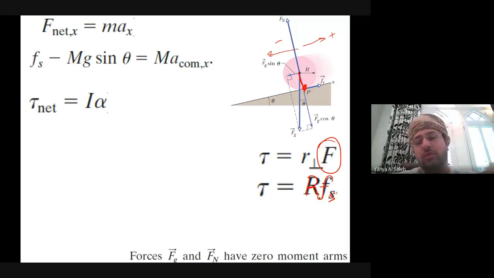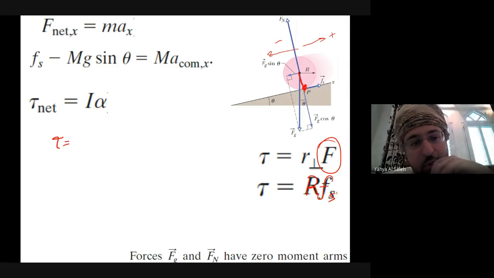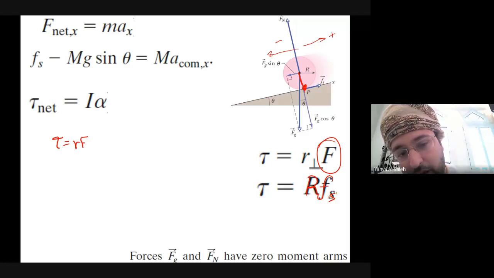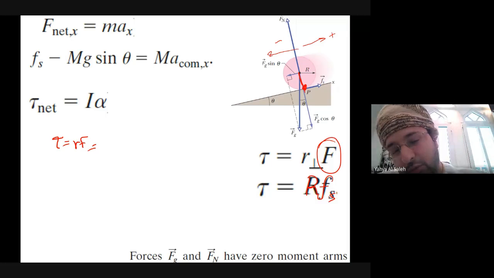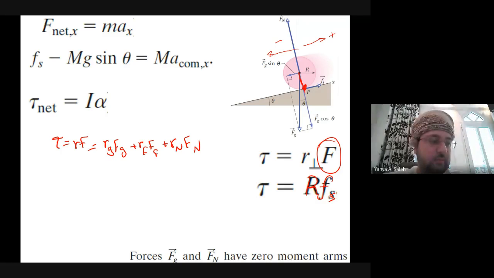Okay? So if I want to write the whole thing, I will say torque equals RF, which is equal to R gravity, F gravity, plus R friction, F friction, plus R normal force, F normal force.